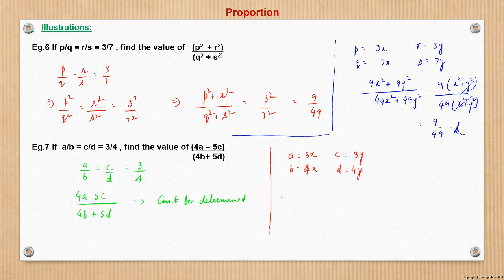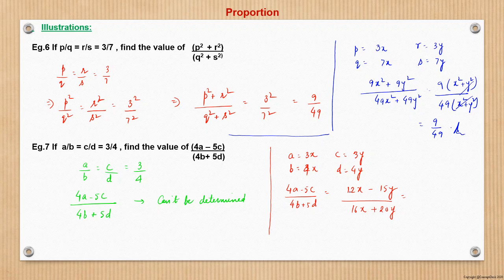So 4a minus 5c upon 4b plus 5d will be: 4a is 12x, minus 5c is 15y, upon 4b is 16x plus 5d is 20y.